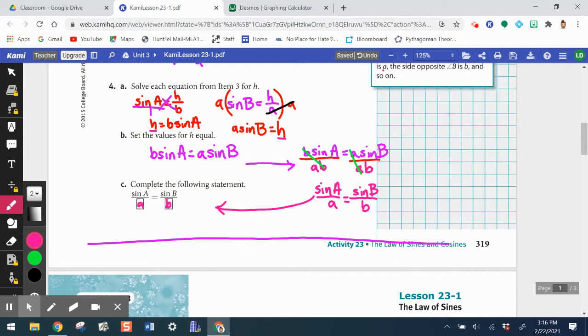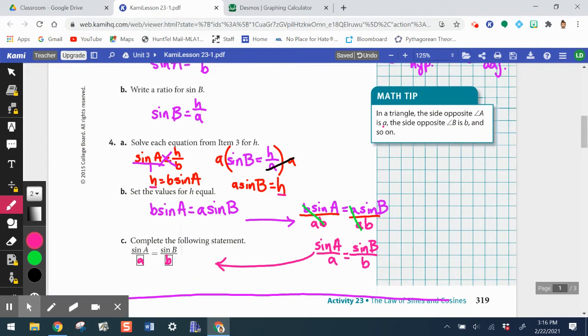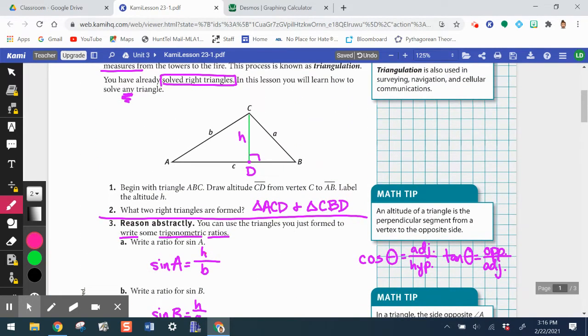And notice we have just removed h from the equation because h was a value that we added to this diagram. So now, zooming back to the original diagram, we're saying that the sine of this angle A over this side, lowercase a, is equal to the sine of this angle over this side, lowercase b.